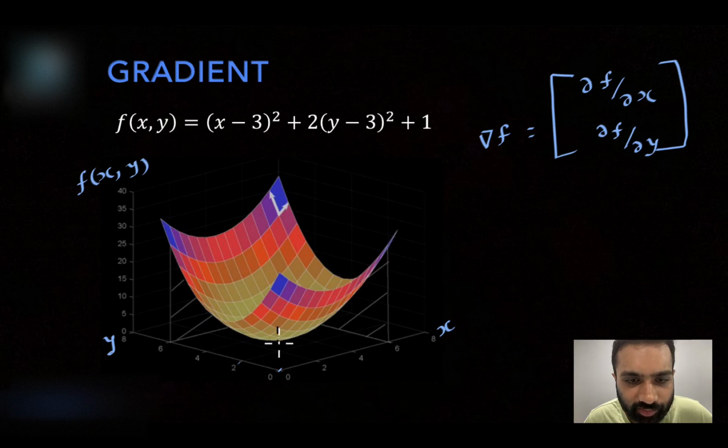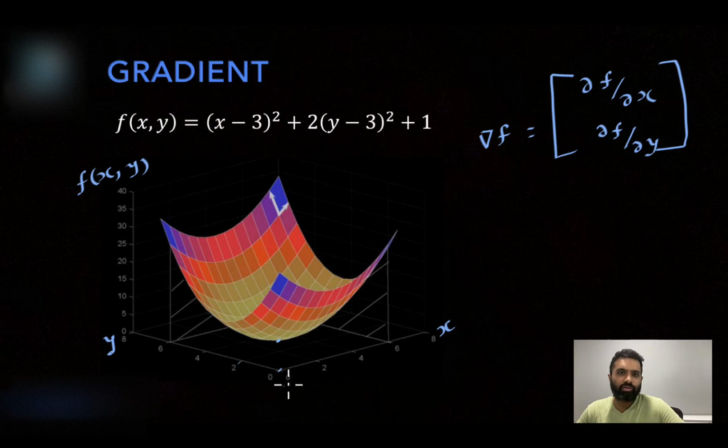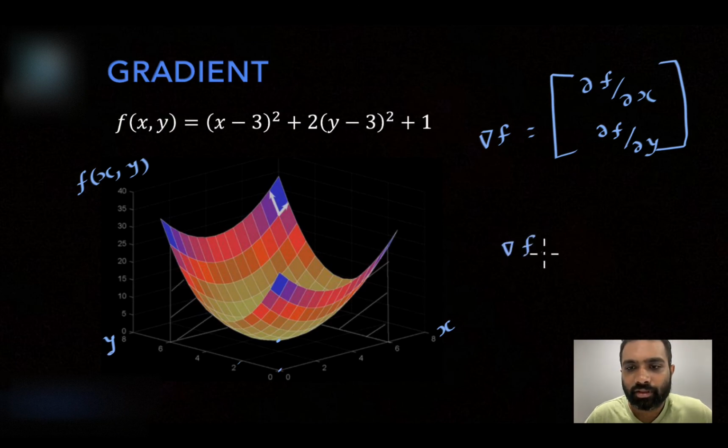There is a certain point at (3, 3). At (3, 3) the function has a minimum, and what will be the gradient of this function at (3, 3)? So I'm asking for grad f at this particular point (3, 3).